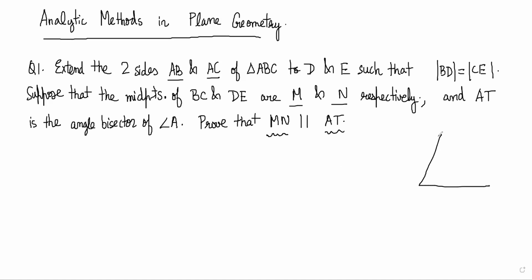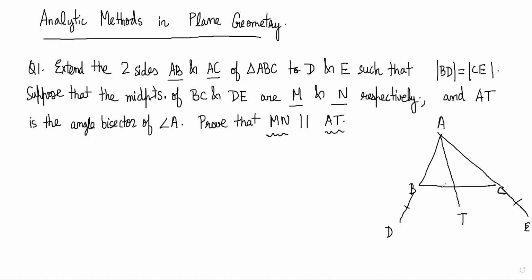Usually you would draw a triangle like this with A on top, but we have to construct an angle bisector here, T. So this figure is also possible, where you extend B to D and C to E and BD is equal to CE. That is given.